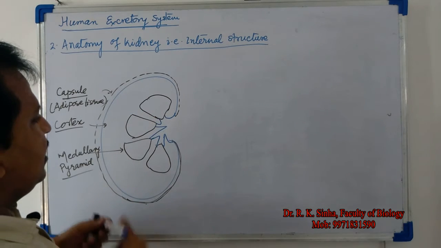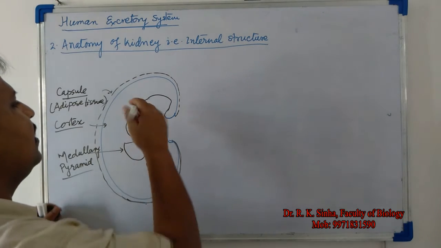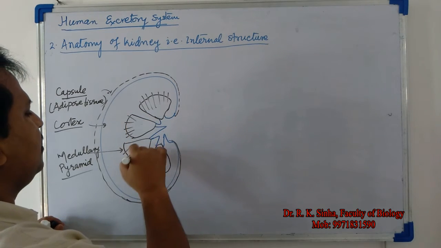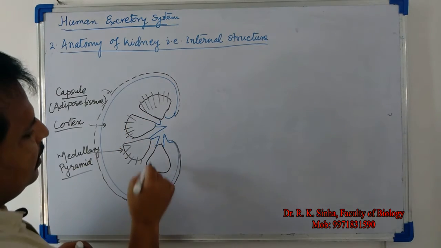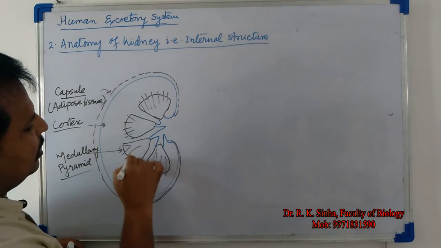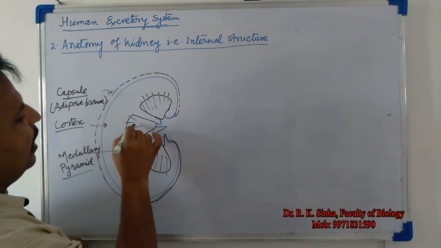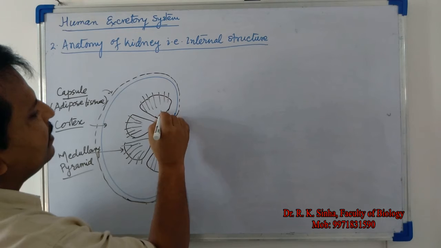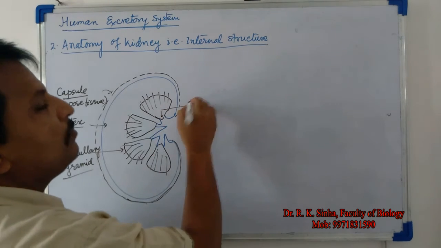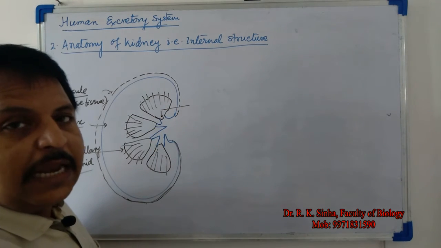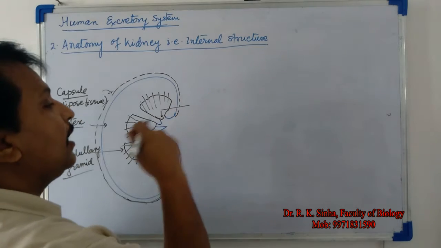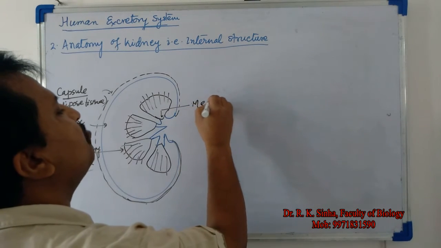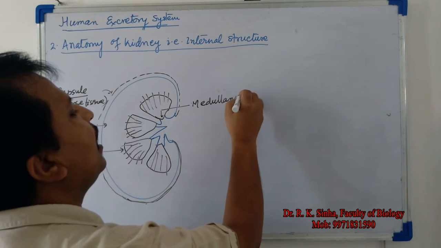So these are renal pyramidal structures, and the apex of this one is termed as medullary papilla or renal papilla. This is medullary papilla.